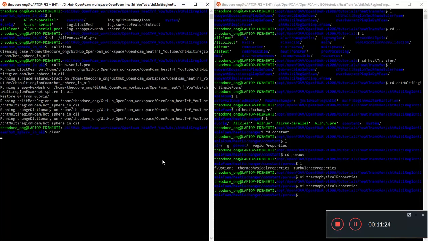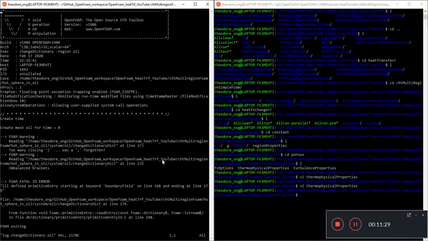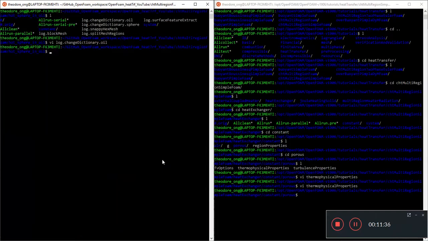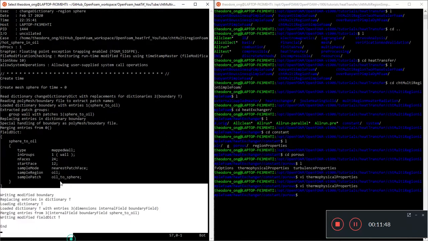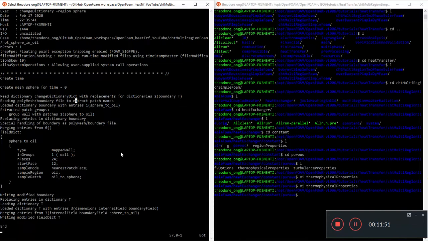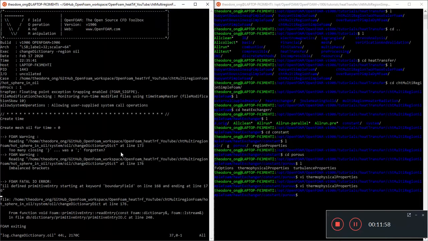into our files. So let's take a look at the change dictionary oil. Okay, so it looks like again there's a syntax error, and let's take a look at the sphere one. So as always there's a debug, though for the sphere change dictionary, it worked perfectly well. So let's go and take a look at the oil change dictionary just to do a bit of debugging.